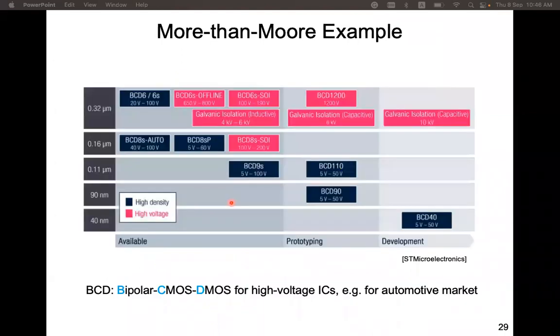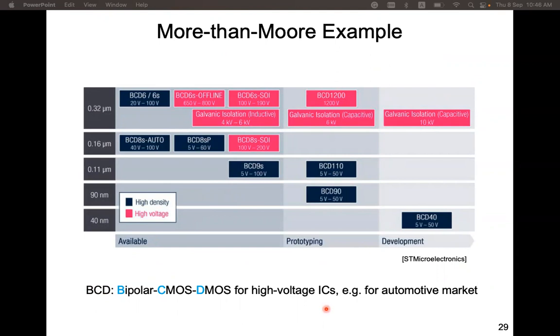And here is a More than Moore technology example. This company, STMicroelectronics, is a leading company in providing power transistors. It provides a process called BCD, bipolar CMOS DMOS, for high voltage ICs.